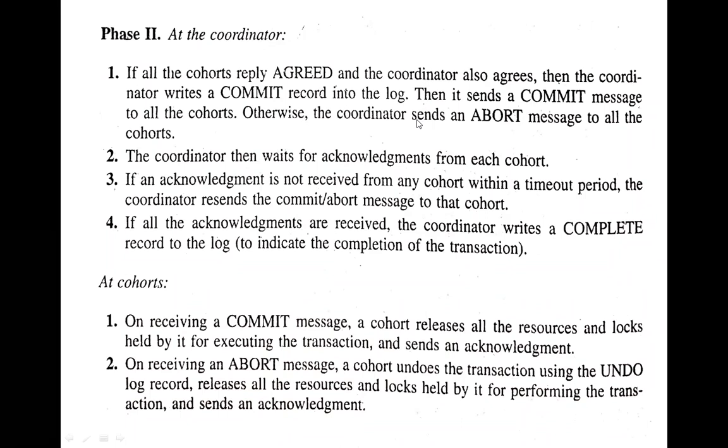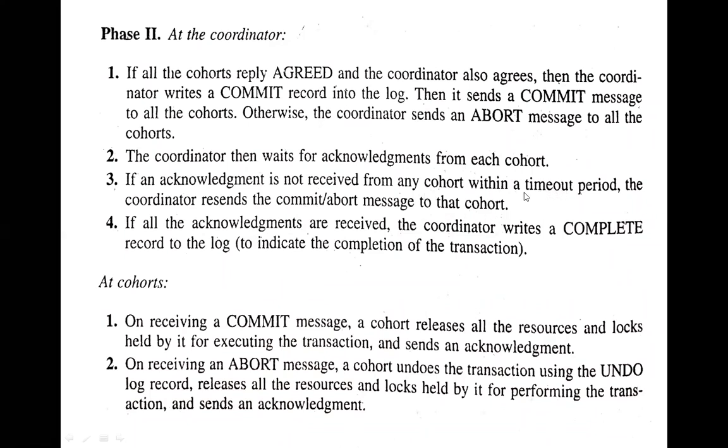Now, once it sends this commit or abort message, the coordinator waits for the acknowledgement from each cohort. If an acknowledgement is not received from any one of the cohorts within the specified time in which it can expect an acknowledgement, then the coordinator is again going to resend the commit or the abort message to the cohort.